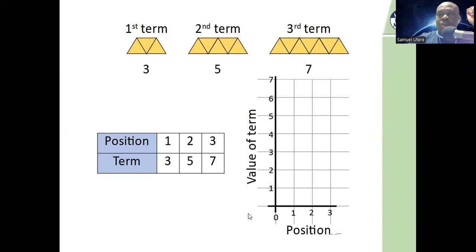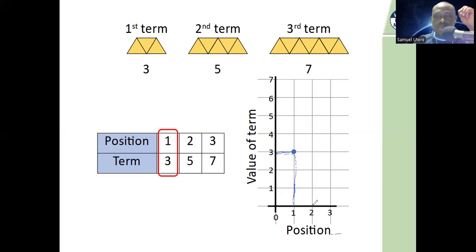So the way we do it, we simply say, okay, when we are at position 1, it matches with the term value. Don't forget, I want us to add that word there. Term value is 3. This skill is important, because there's a lesson where you're going to be plotting graphs. When it's in position 1, the value is 3.